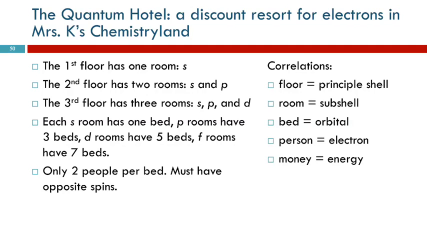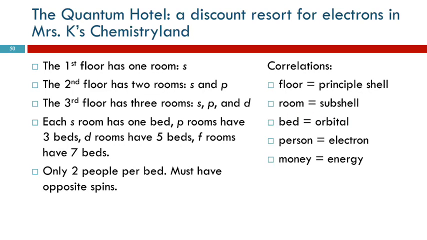Okay, so all of those things we've been talking about, I can relate those to aspects of a hotel. So the principal shells, 1, 2, 3, 4, those are the floors of the hotel. The subshells within each shell are rooms.